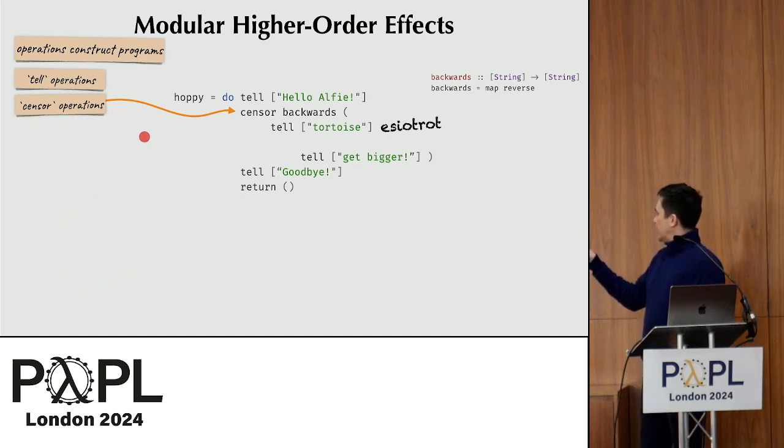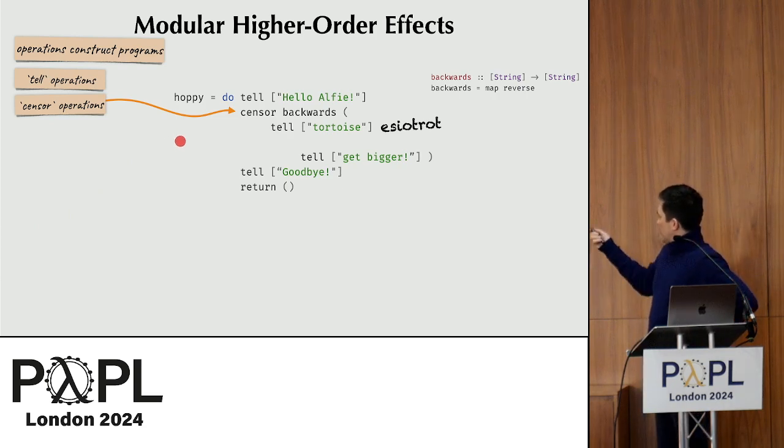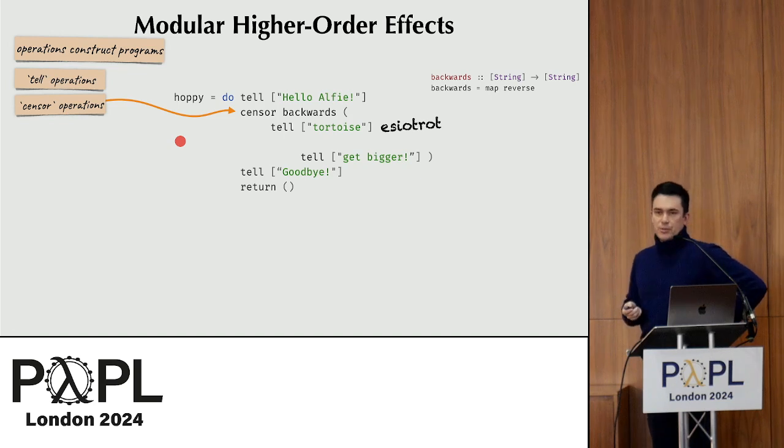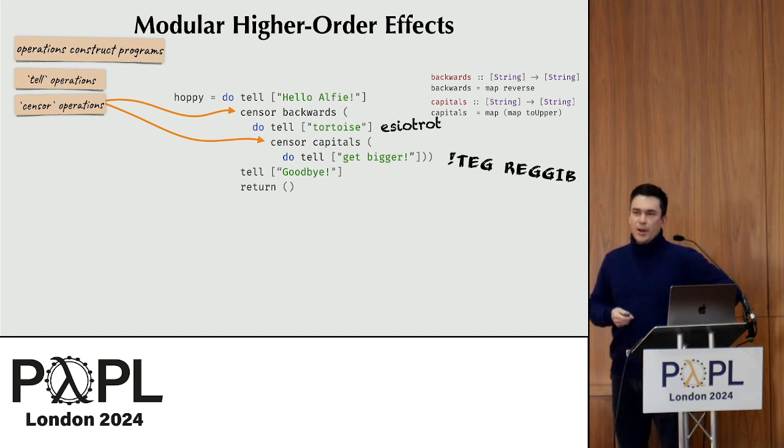Okay, so we're going to do backwards tortoise, which is going to give us the Esio Trot. And then furthermore, we can censor something within that context so that we get in capitals and backwards the get bigger, which corresponds to the tag regib of that text.